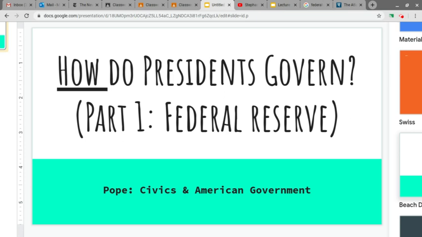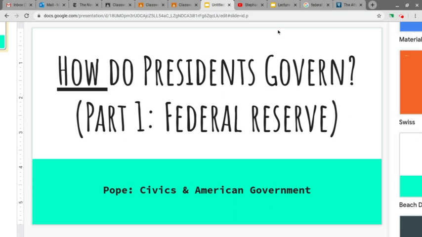But it's a massive part of the government, and the chairman of the Fed and the president, and really the members of Congress, they all are heavily involved in the Federal Reserve System. So it's worth exploring for us.